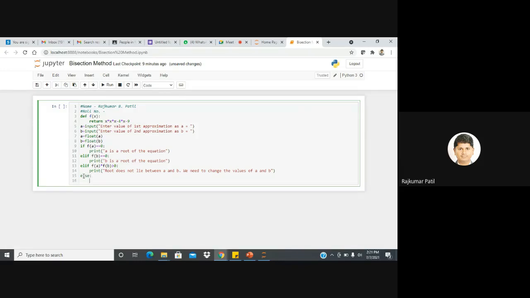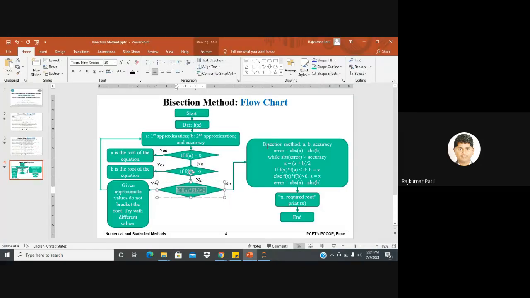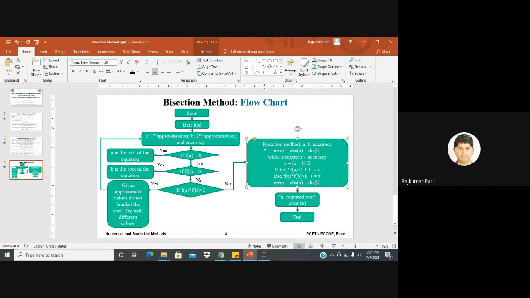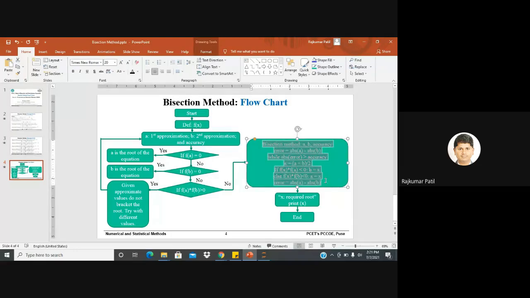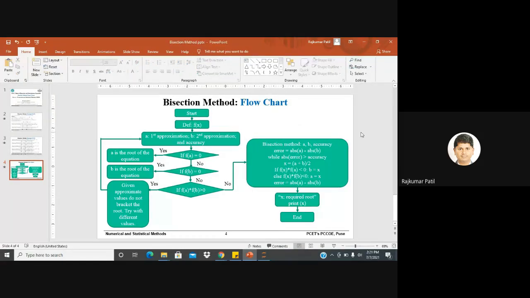So that's why in the last line we write else, and in front of else we need not write the condition, because by default the condition is that the product of f of a and f of b is less than 0. So else is true. Now we come to the next block, where we want to enter the bisection loop.